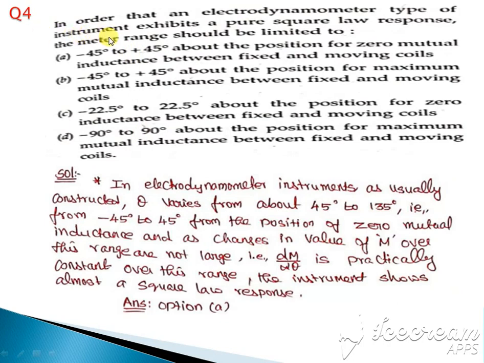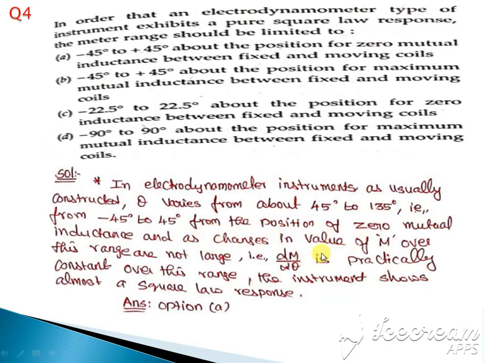Question number 4: in order that an electrodynamic type instrument exhibit a pure square law response, the meter reading would be. So the options are given. Detailed explanation: in electrodynamic type instrument, as usually constructed, theta varies from about 45 degrees to 135 degrees, that is from minus 45 to 45 degrees from the position of zero mutual inductance.